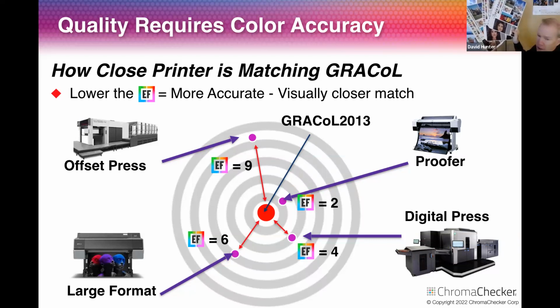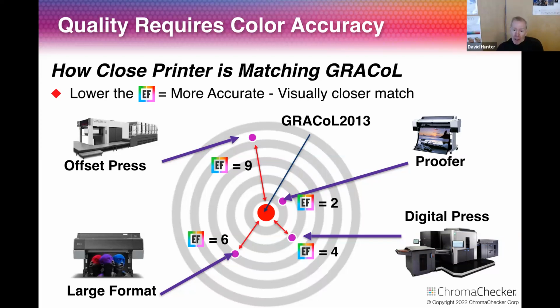If they're both G7 compliant and they look very different, which one's right? And it's not so much which one's right, because they can all be G7 compliant and still be 6, 7 E factor different from one another. It's which one's most right. And the one that's most right is the one that has the lowest E factor to your given reference, which in this case is Grackle.